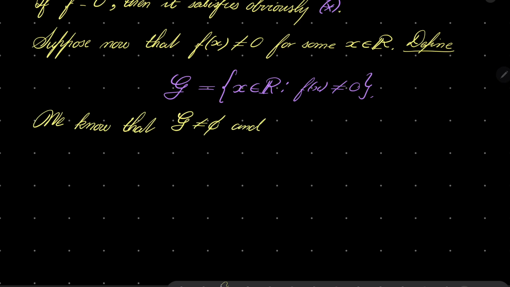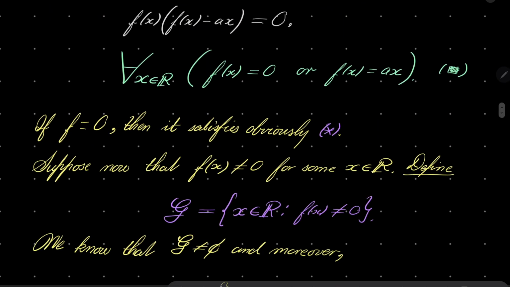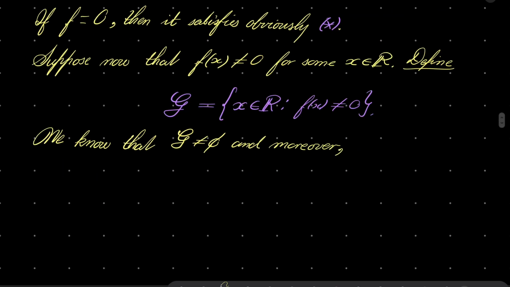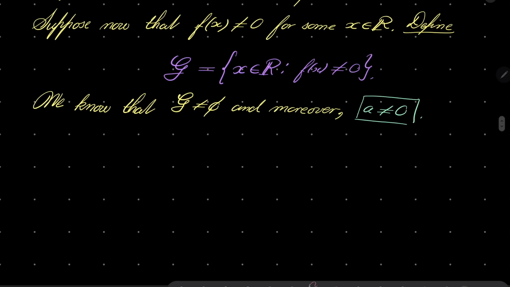And moreover, let's go back to our formula. Notice that a cannot be 0, because if a is 0, then f of x is 0 or f of x is 0, so our function is constantly 0. So a is not 0. And now I will prove several claims about this set capital G.